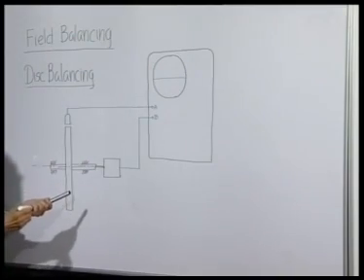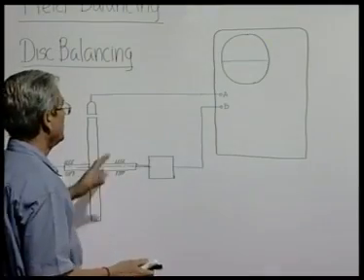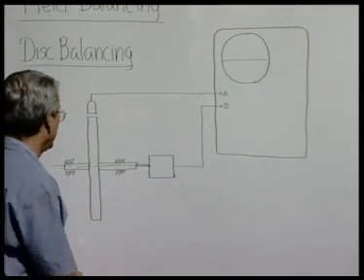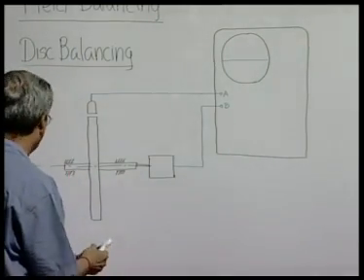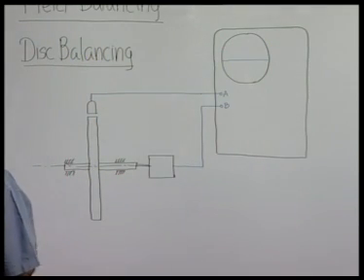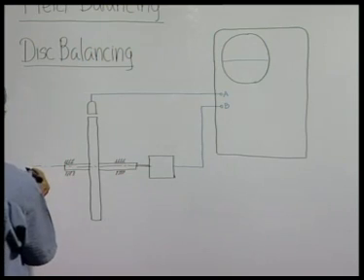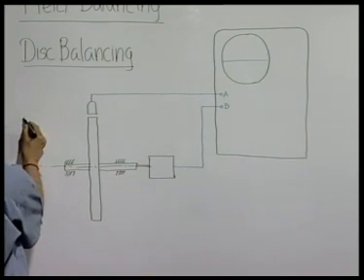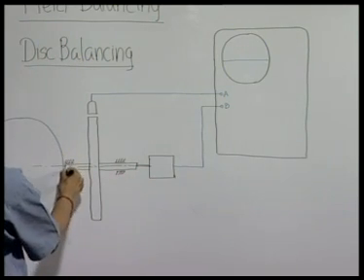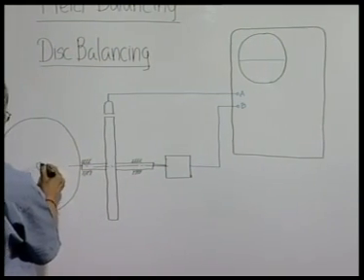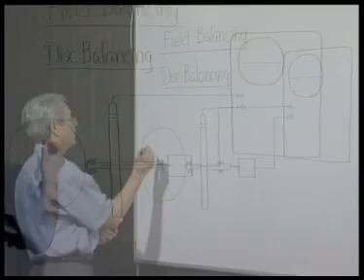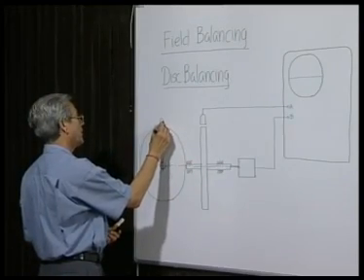This is an oscilloscope which can measure two signals, a double beam oscilloscope. The whole disc is shown here. This is the view from this side, where you have taken this pickup.